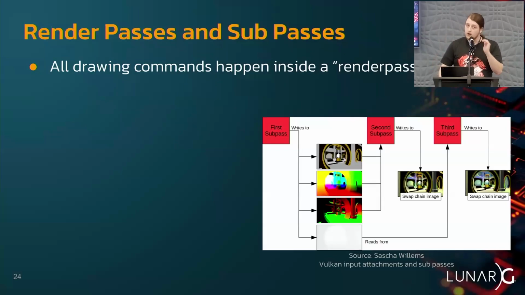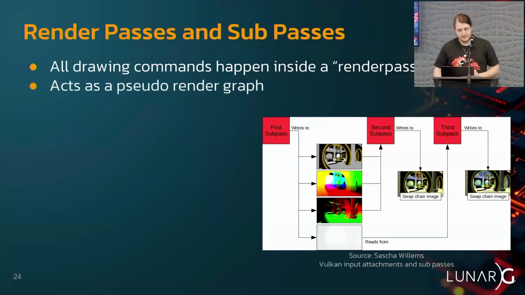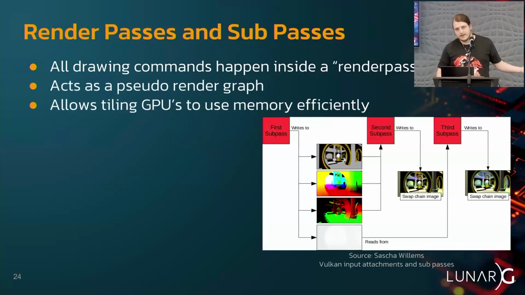And we define that all drawing commands, not compute dispatches, but vkCmdDraw and similar, must be inside of a render pass. It acts as a pseudo render graph. You define your inputs, you define your outputs, you define your subpasses, and it exists to allow the driver to efficiently schedule your rendering work.